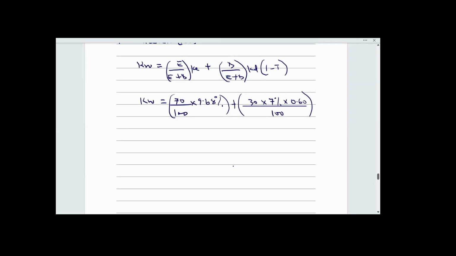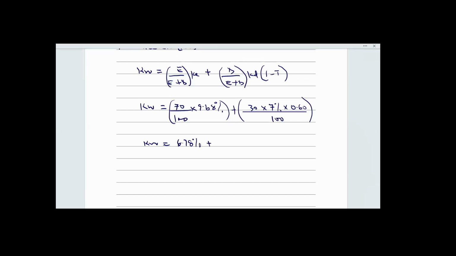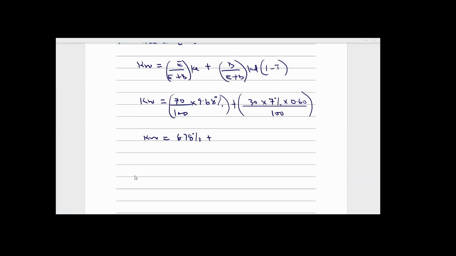So from the left, that will be 0.7 multiplied by 9.68, which is 6.776. That's 6.78%, plus from the right, that would be 0.3 multiplied by 7 multiplied by 0.6, which is 1.26%.